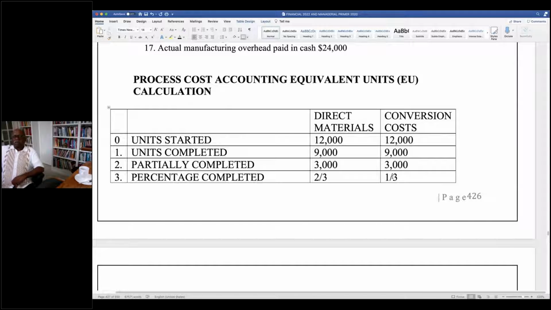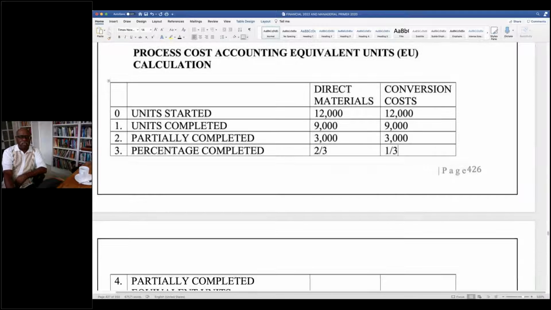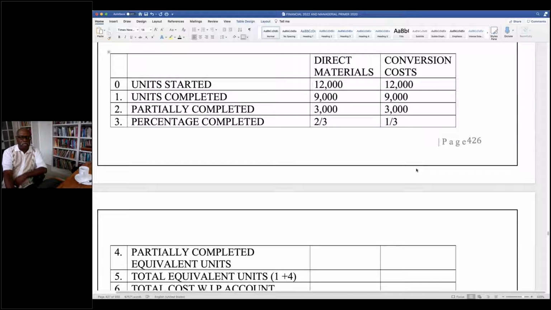How much it costs to convert the good from direct materials to a product. So the conversion costs are the costs incurred to move the raw material to the finished product, and it's labor and overhead. So we got the direct materials here and the labor and overhead here. So our next line is what?